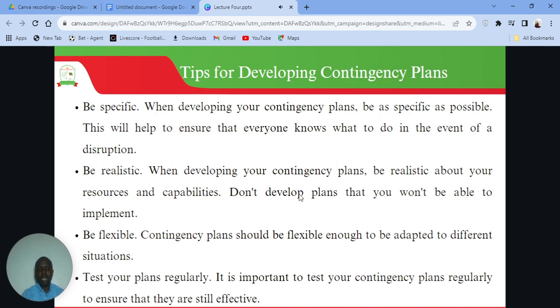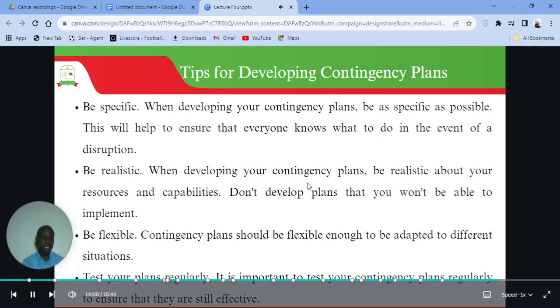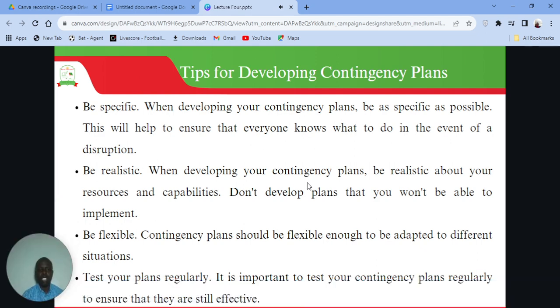Now, the aspect on flexibility, it's simply calling upon us to be ready to change. Even when we set up these contingency plans, we can change. We can always adopt better ways along the way. Flexibility means when we are setting these strategies, we are not limited to a certain way of doing things.